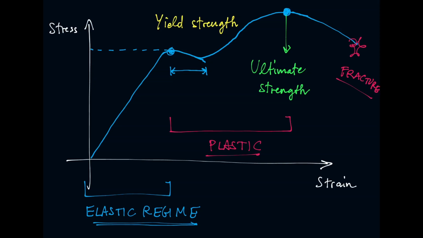And by the way, this phase here is called hardening as well. After the ultimate strength, then there's a phase of necking, as it's called. I'm not going to ask you to remember these necessarily, but just so you know, this is called necking.